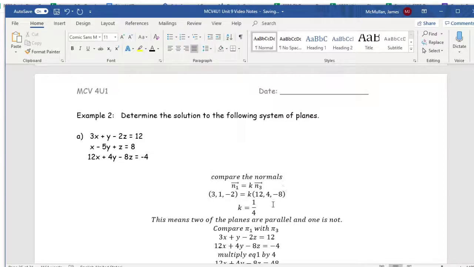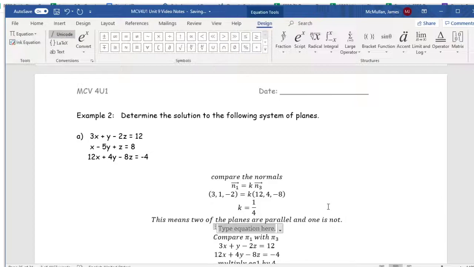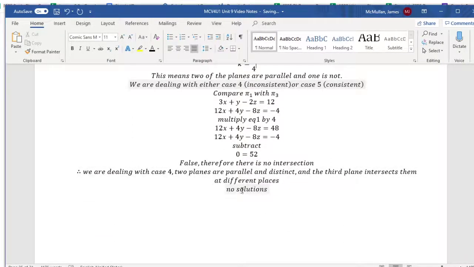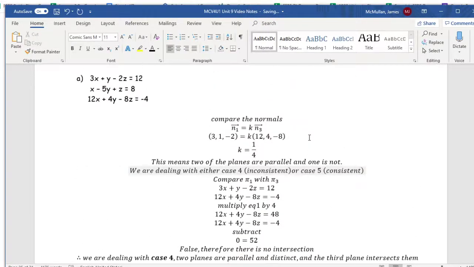I should write that down somewhere. We are dealing with either case 4, inconsistent, or case 5, consistent. So one of those two had to come up, and we're coming up with case 4. So this is case 4, and there's no intersection there.